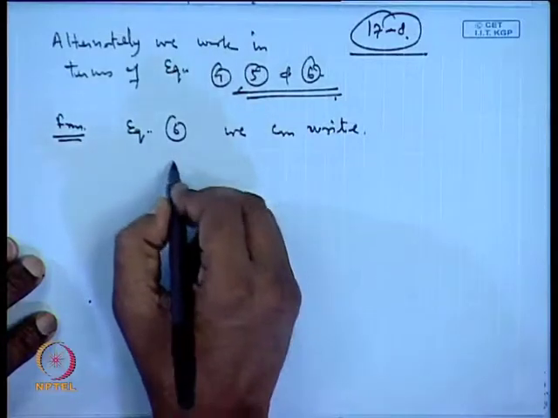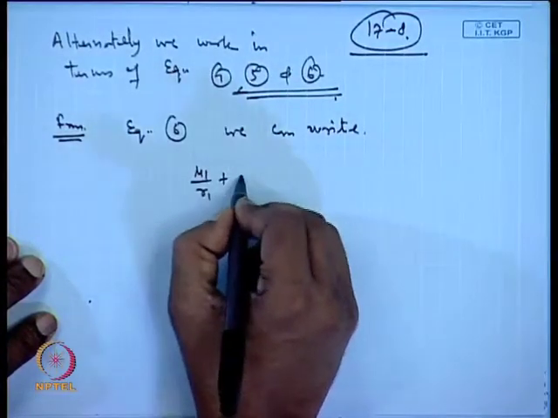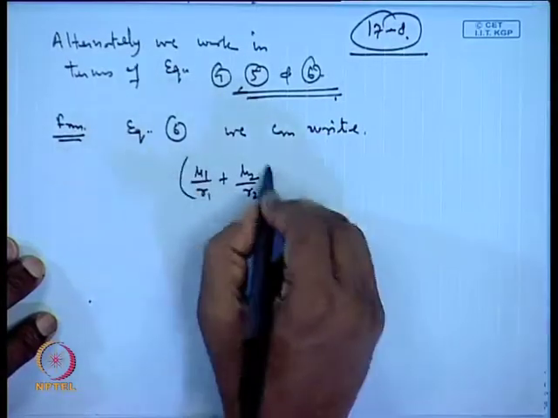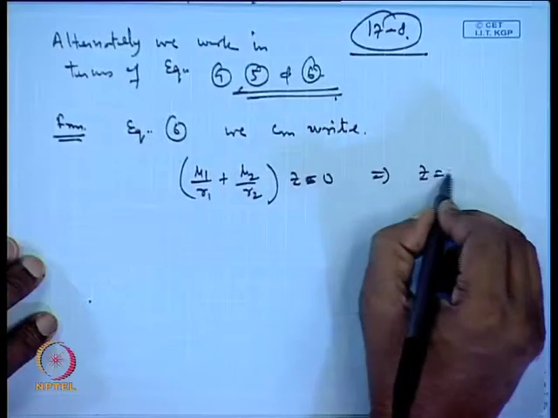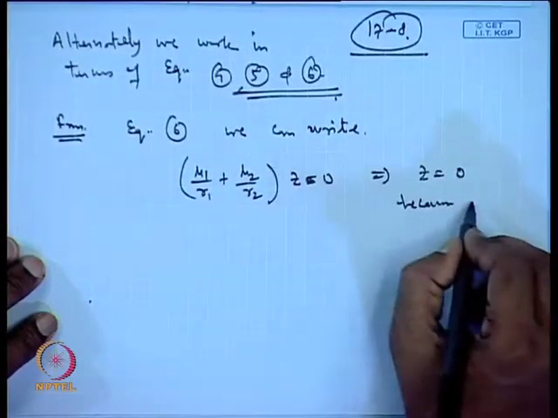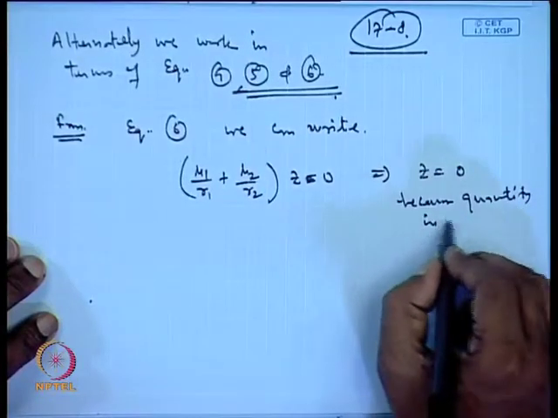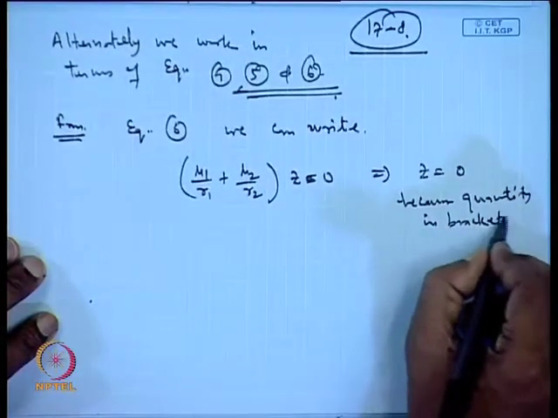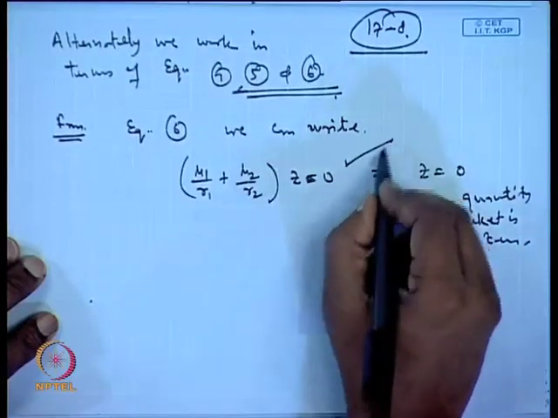So from equation 6 we have mu1 by r1 plus mu2 by r2 times z equal to 0. So simply this implies z equal to 0, because the quantity in the bracket is non-zero.